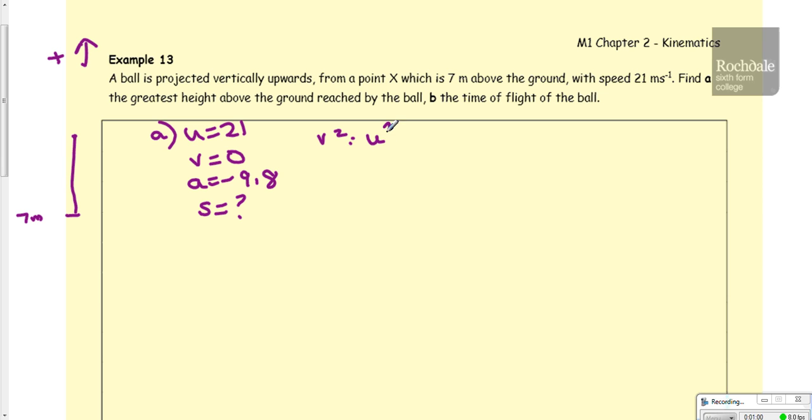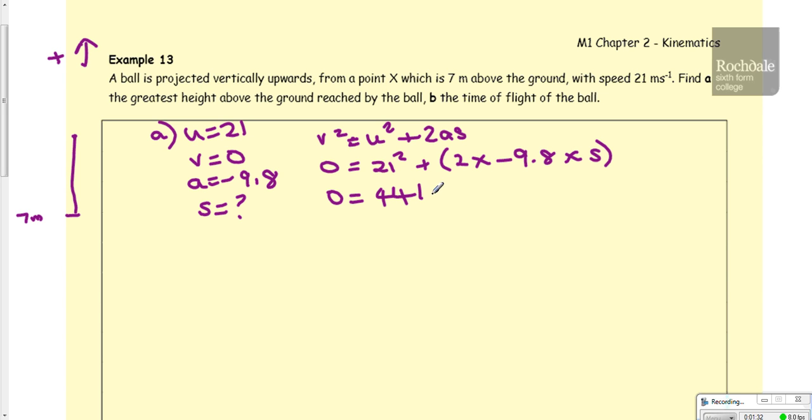Looking at those variables there, V, U, A and S, I think that this is the correct identity to use. V squared is 0, U squared, 21 squared, and then we've got 2 times A times, and we don't know what S is. Okay, this is all one term here. 2 lots of 9.8 is 19.6, and 21 squared is 441.